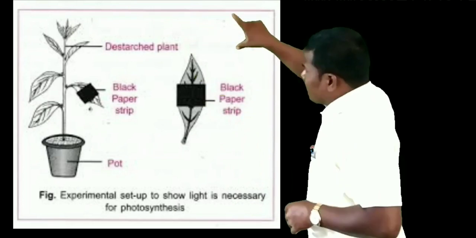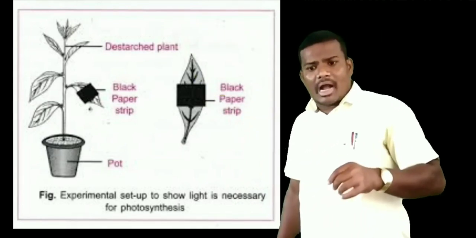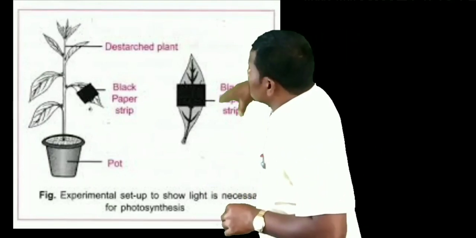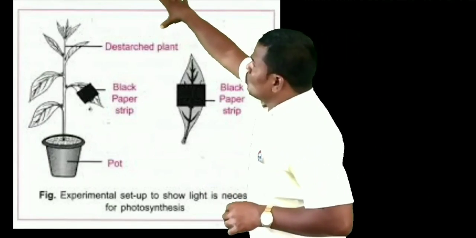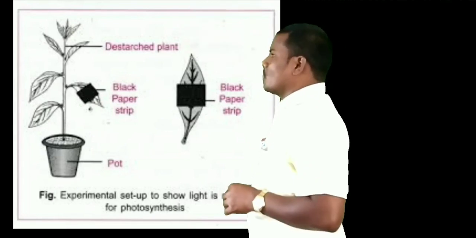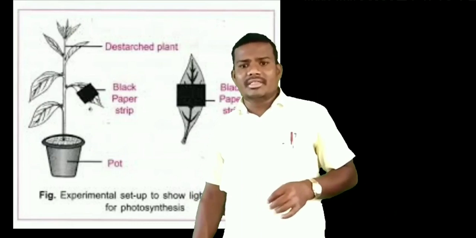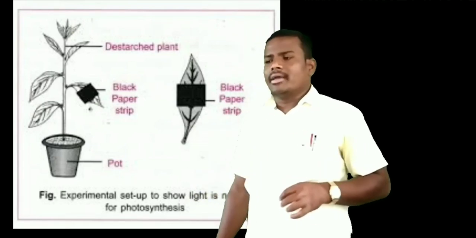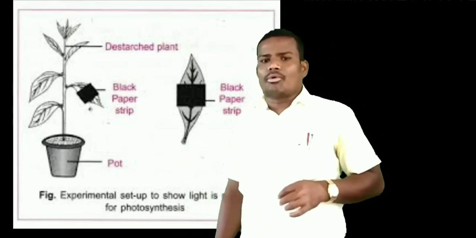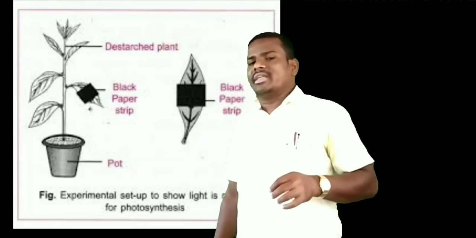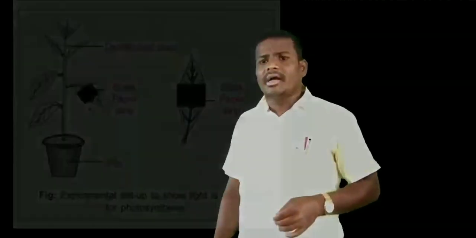And what is the importance of sunlight, and how can we prove it is a necessary factor? We discussed all this today. In the next class, we are going to discuss the importance of chloroplast in the process of photosynthesis in plants.